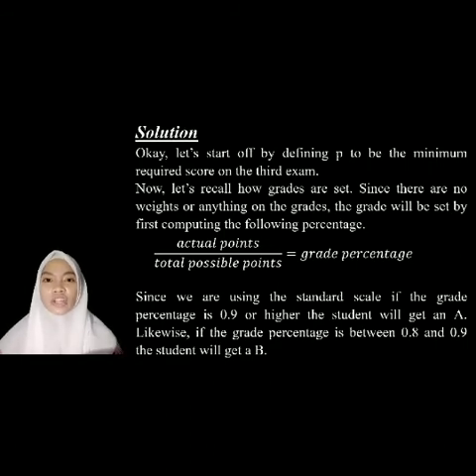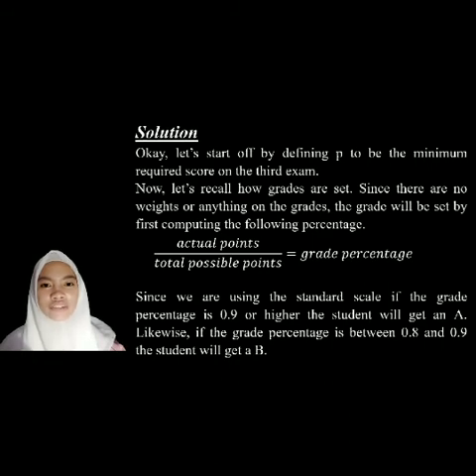Okay, now the solution. Let's start off by defining P to be the minimum required score on the third exam. Now, let us recall how grades are set. Since there are no weights or anything on the grades, the grades will be set by first computing the percentage: actual points over total possible points equals grade percentage.